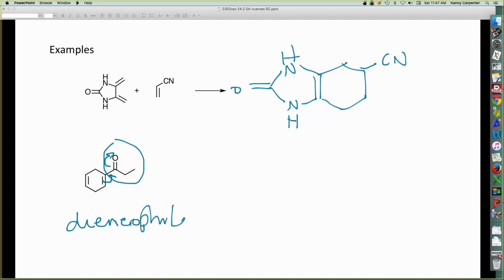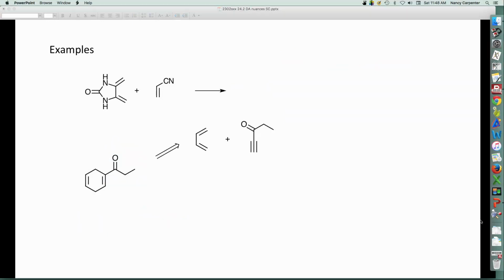Oh, that's not my dienophile, it's my target. I should have figured that out. That's my target molecule. And why should I figure that out? Because I got a cyclohexene there. So what this is illustrating, I mean, it could be a dienophile as well, and we could just keep going this direction, but that's not what I'm trying to tell you here.